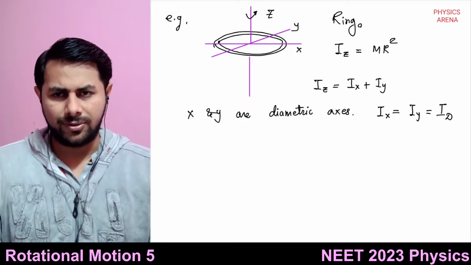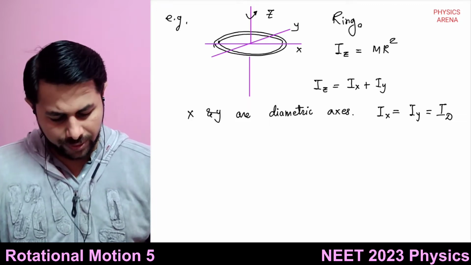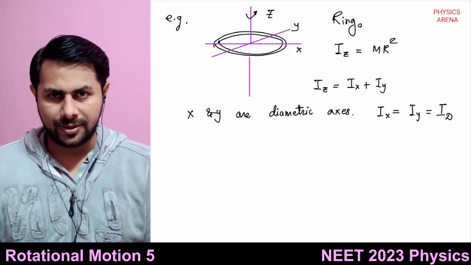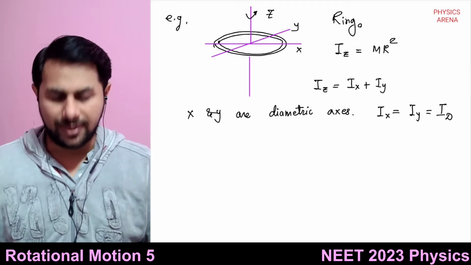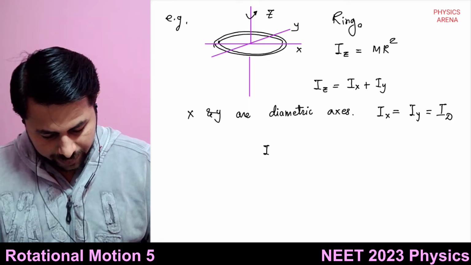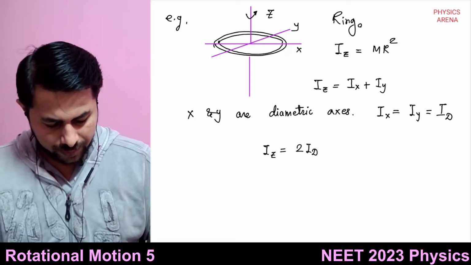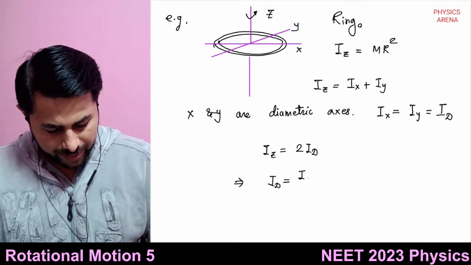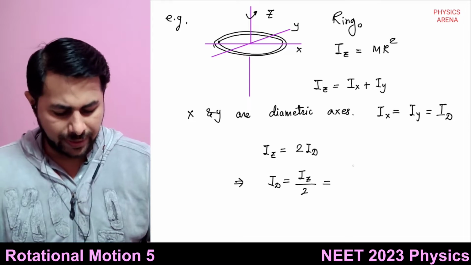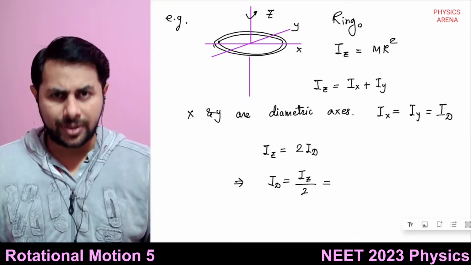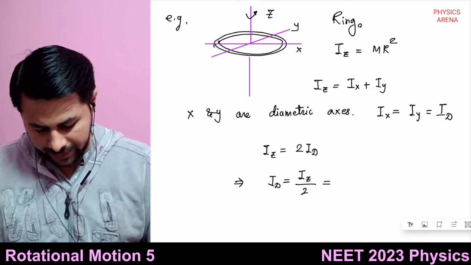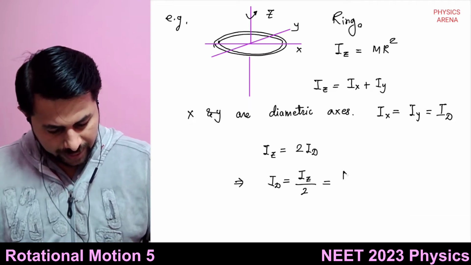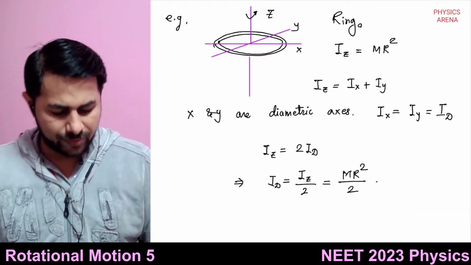So this is Id, and this is also Id. So Iz is equal to 2 times Id, and therefore Id is equal to Iz divided by 2. Therefore the moment of inertia of a ring about a diametric axis is equal to mr square divided by 2.